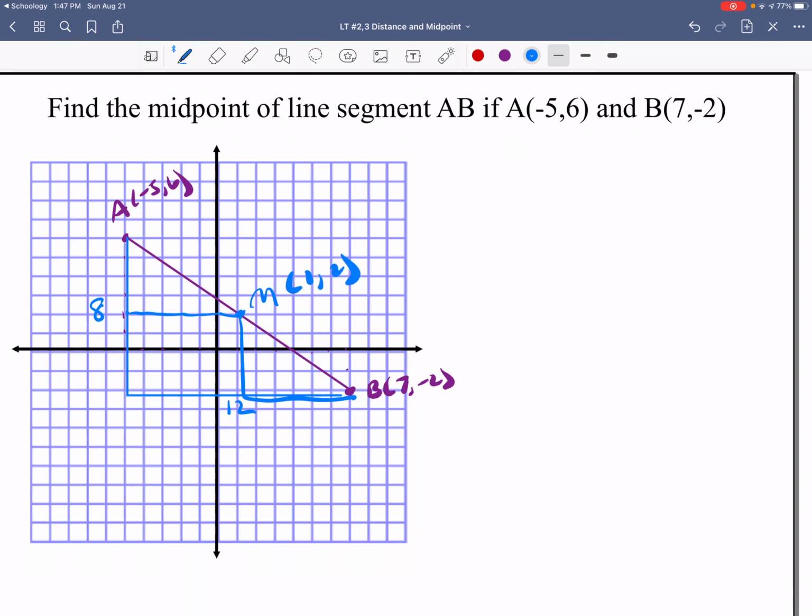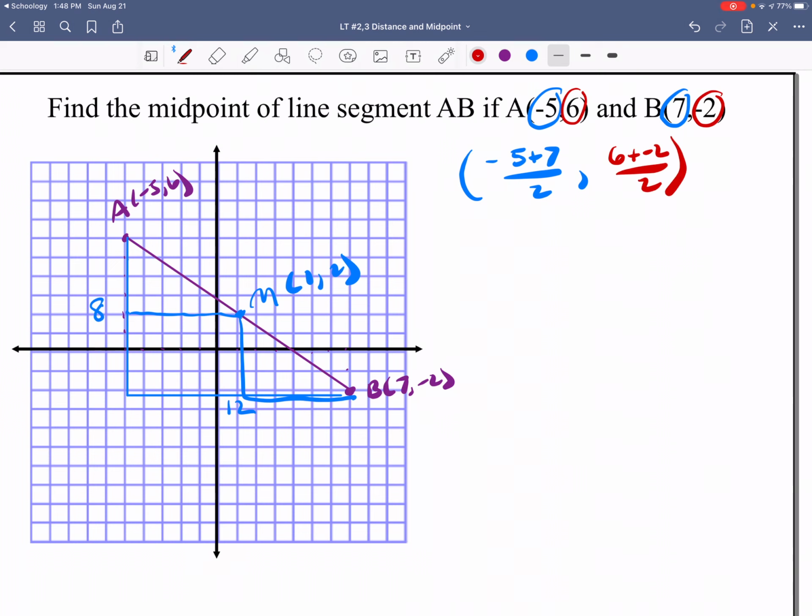Another way to think about this is the average of the x's. So the average would be negative 5 plus 7 divided by 2. The average of the y's would be 6 plus negative 2 divided by 2.